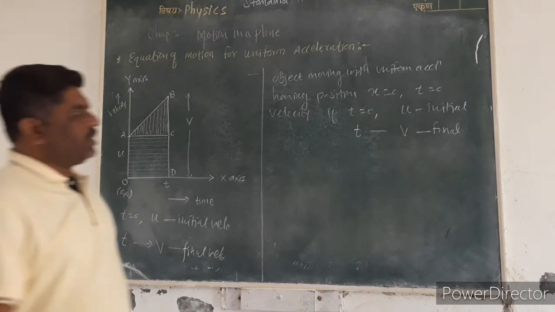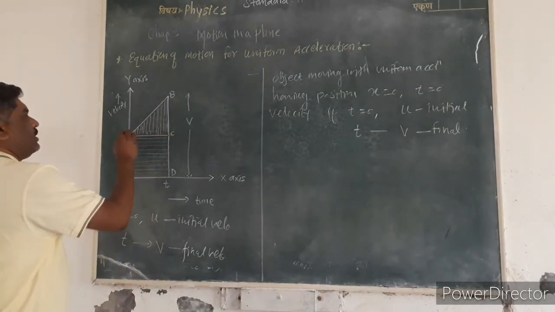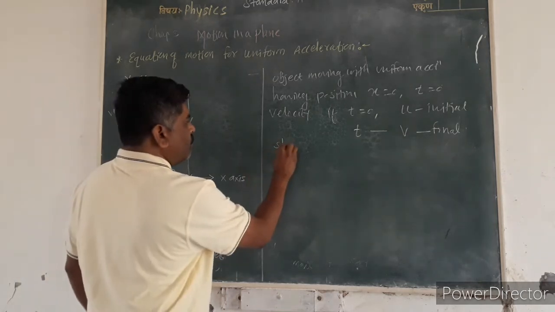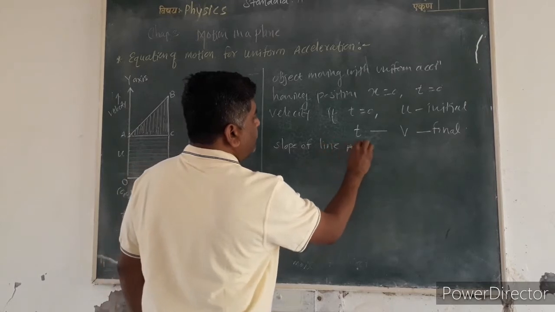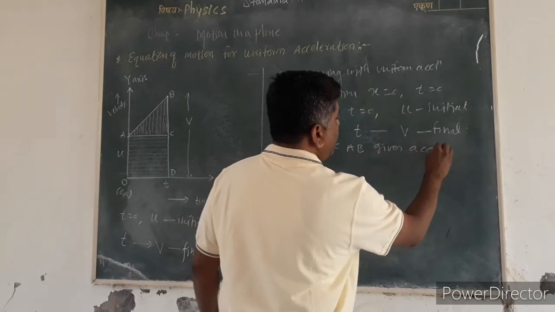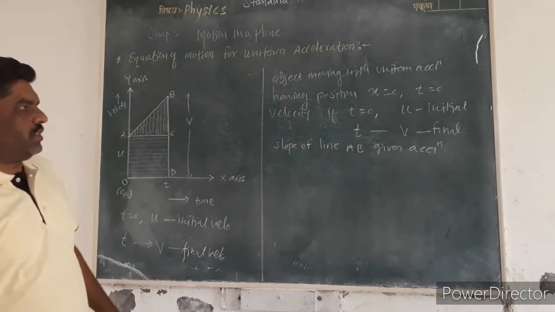This increasing velocity is given in this graph by the line AB, and the slope of line AB gives the acceleration of the object.